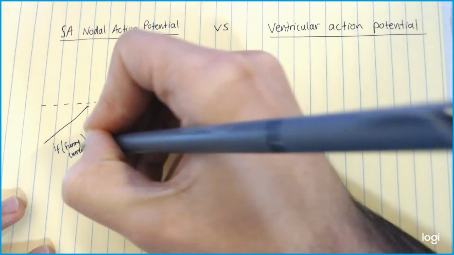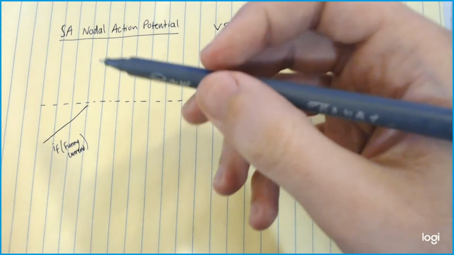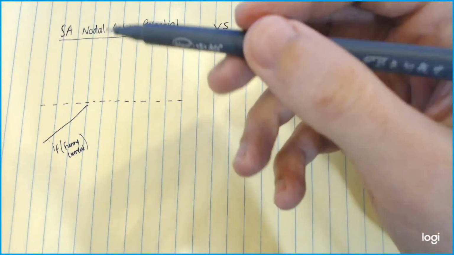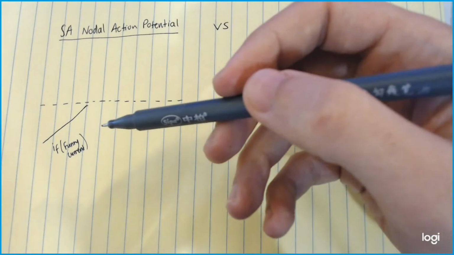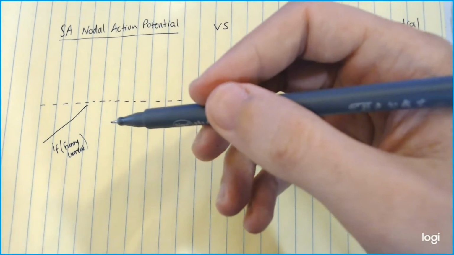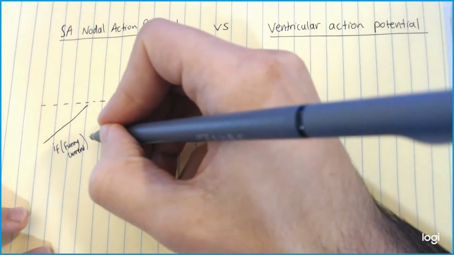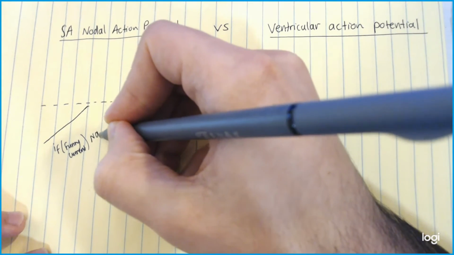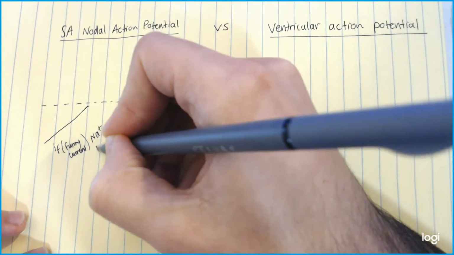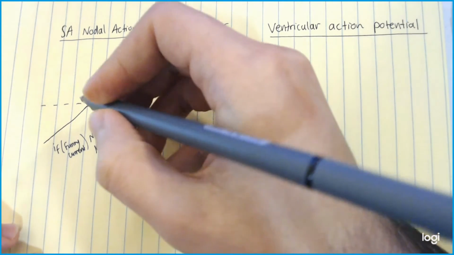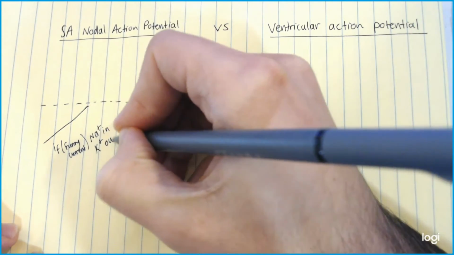And it's funny because there's no rest. So it's constantly trying to depolarize the cell. What happens is sodium will go in and potassium will go out, right?